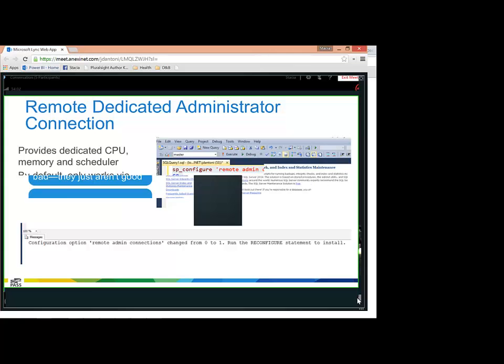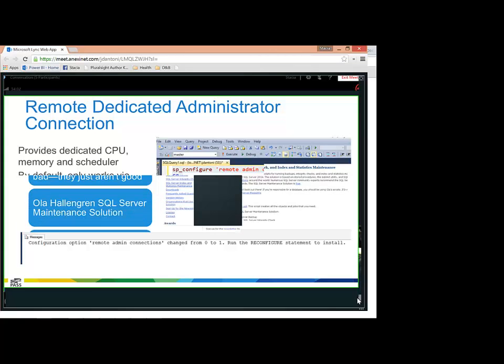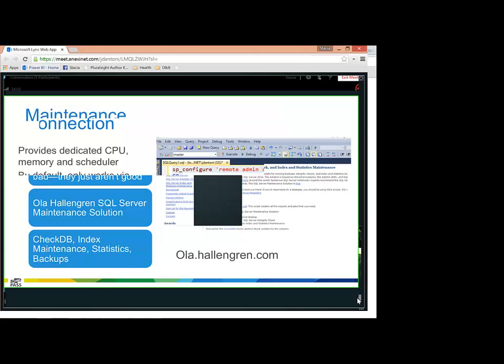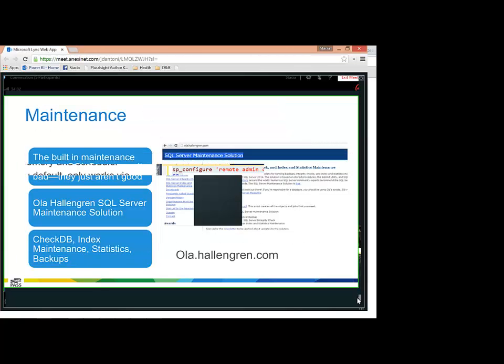So maintenance plans. The built-in maintenance plans that SQL Server has don't have a lot of intelligence built into them. They work okay for backups for the most part, but especially when it comes to index maintenance, they kind of fall down. They have limited tuning abilities. I like to recommend this gentleman from Sweden named Ola Hallengren.